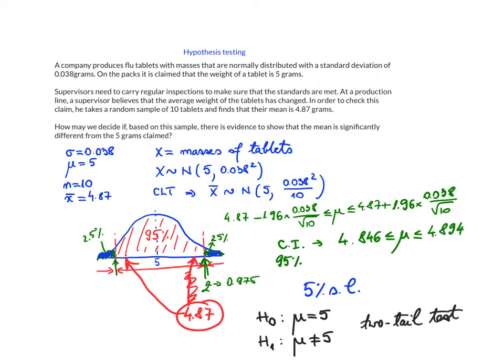So in my case, the decision of my test is that I accept H0. Therefore, we can accept at the 5% significance level that the company produces flu tablets with masses of 5 grams. Always I need to express my conclusion in terms of the question and of the setting of the question.